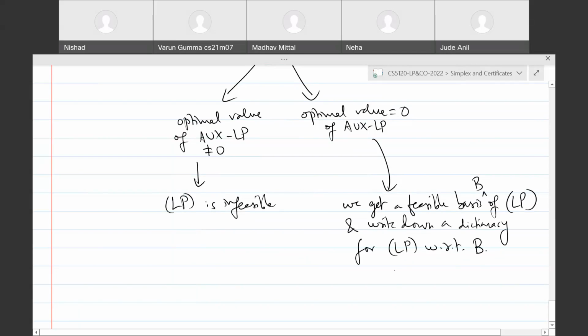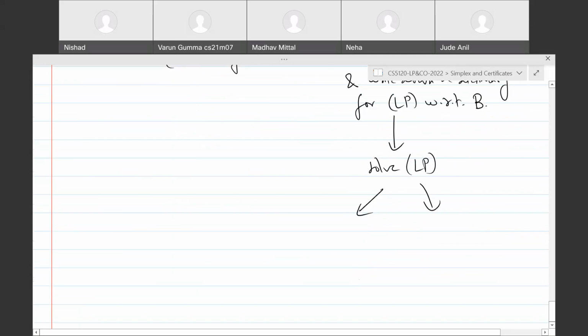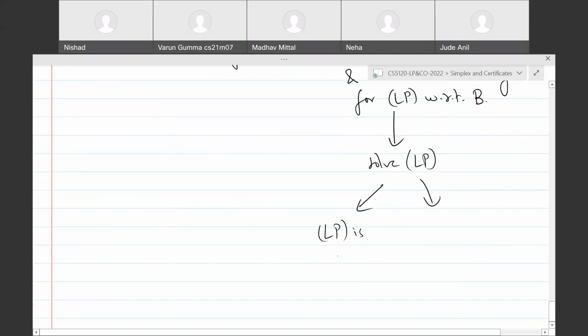And now you solve this LP because you have a dictionary, and you have two possibilities. Either you conclude that the LP is unbounded, which we still need to discuss by an example, or you find a dictionary with all the entries in the objective function being non-positive. So you know that the dictionary you have found gives an optimal solution.